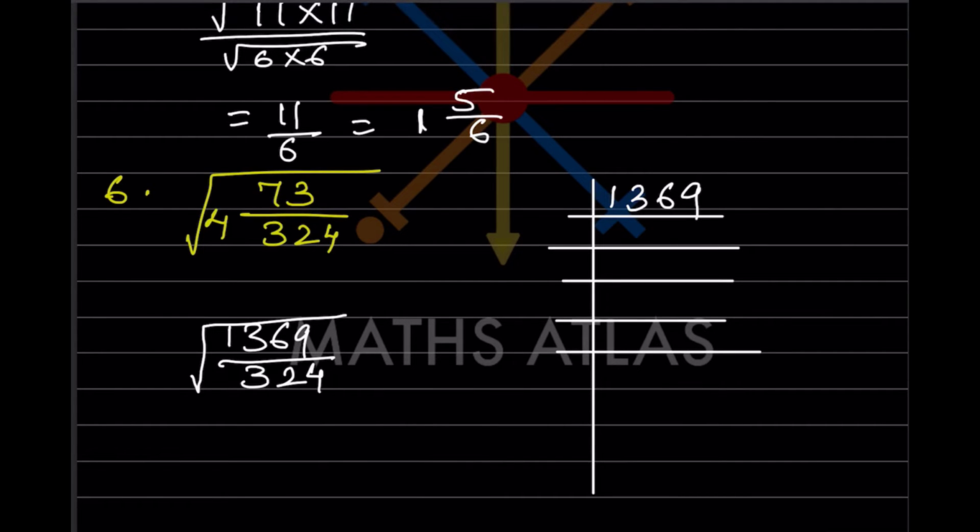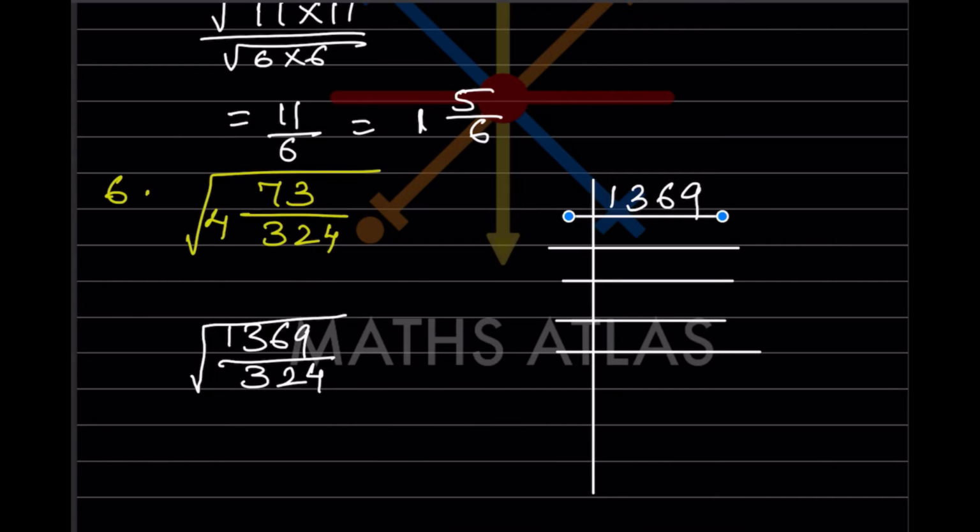This is not possible with 2, so we'll go with 3. Again, 3 is not possible. Then we'll go with 4. 3 fours are, this is not possible with 4. Again 5, not possible. 6, 7.